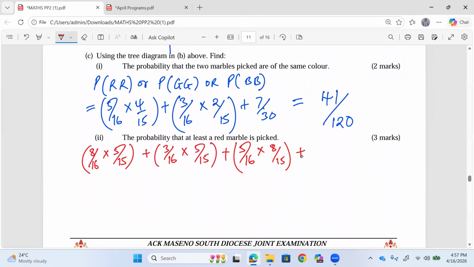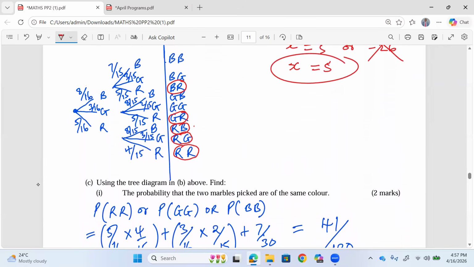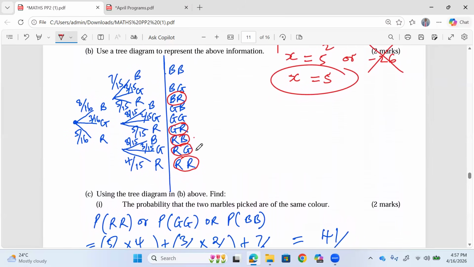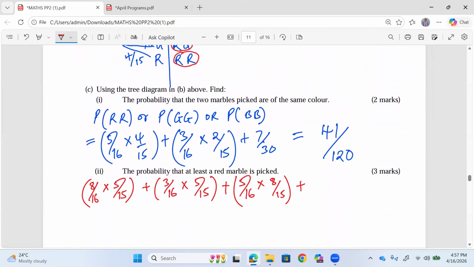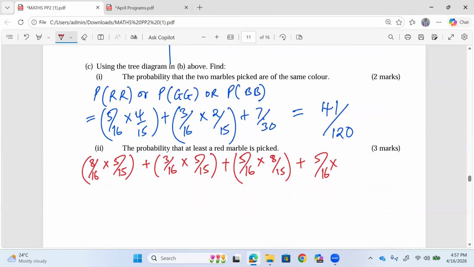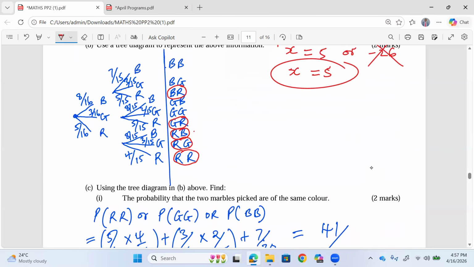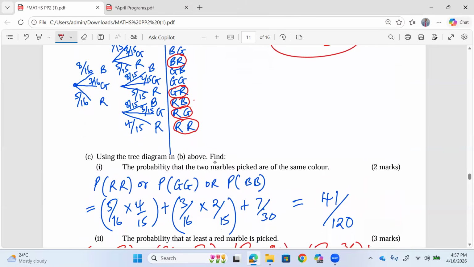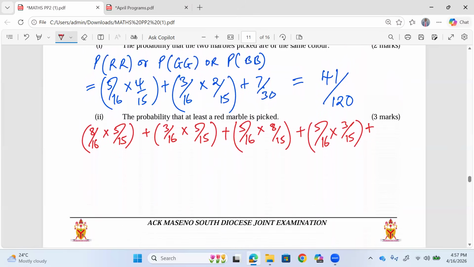Or, that is the third. We can check red and green, 5 over 16, followed by a green. Green is 3 over 15. Or finally, the two of them being reds, 5 over 16 and 4 over 15.